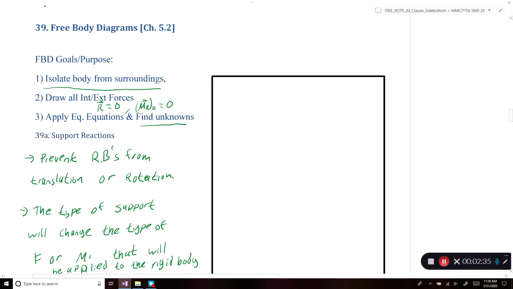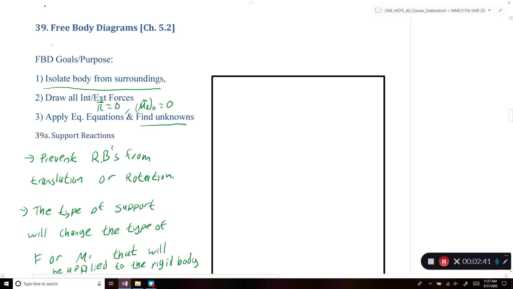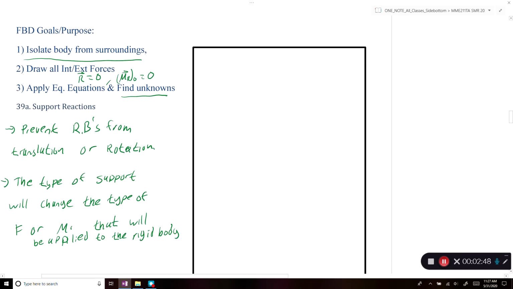The three most common types of support reactions that you'll see in many of your homework problems are going to be the roller support.